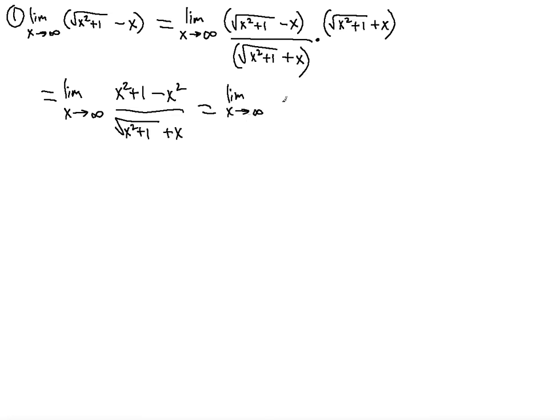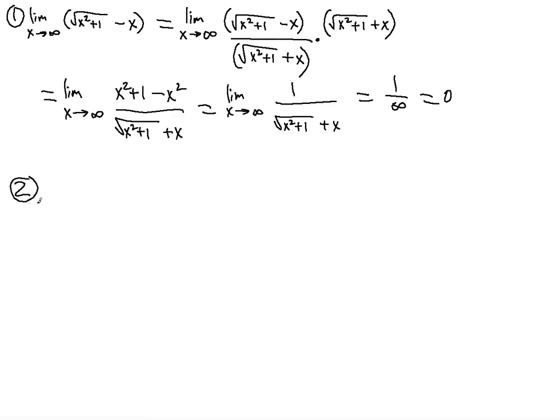So as x approaches infinity, you will just have 1 over the square root of x squared plus 1 plus x. Then you can plug in infinity for x, and you will get infinity in the denominator, so you get 1 over infinity, which is equal to 0. There you go.